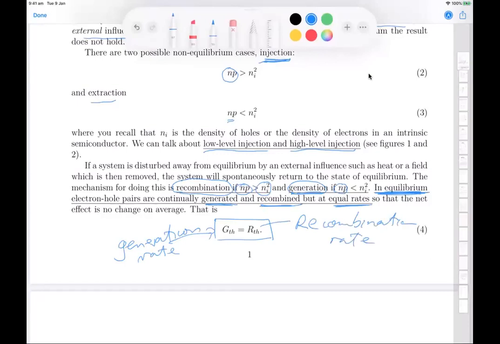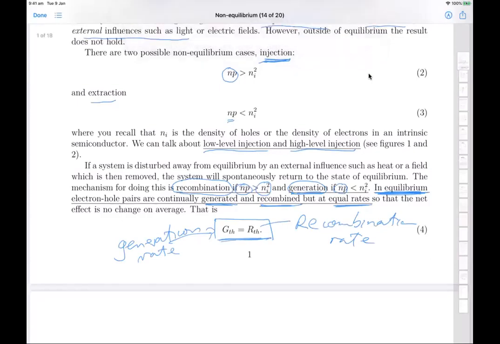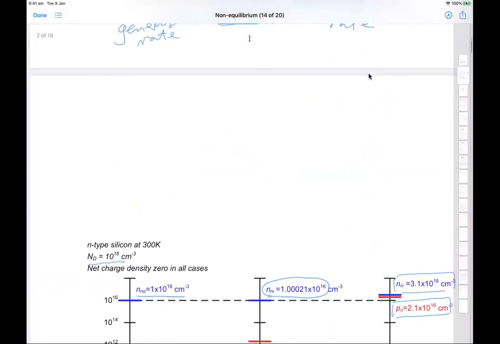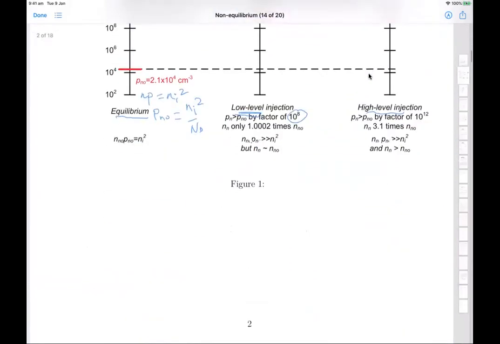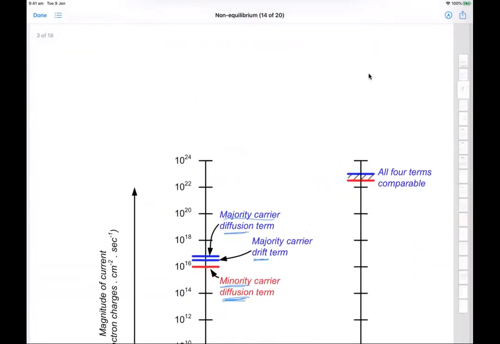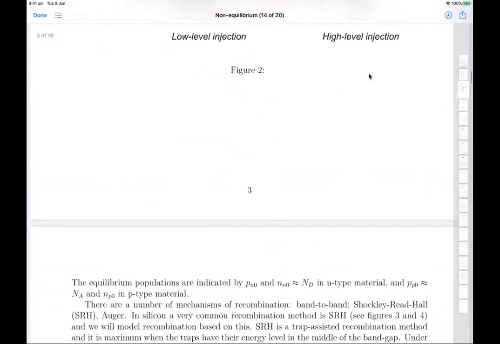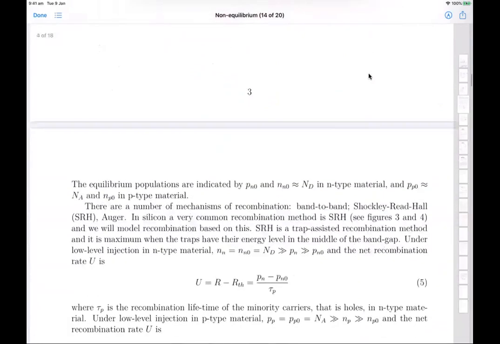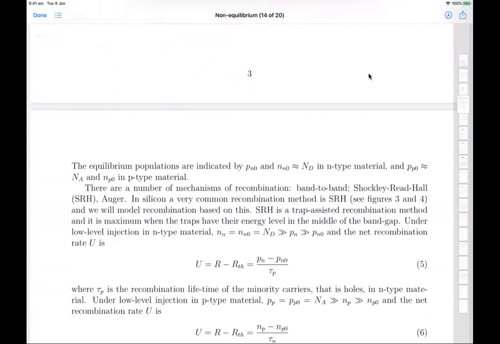And in equilibrium, these two rates are equal. When we have a non-equilibrium situation, then one of these terms will dominate. When we have excessive carriers, then recombination dominates. And when we have a lower number of carriers, then generation will dominate.